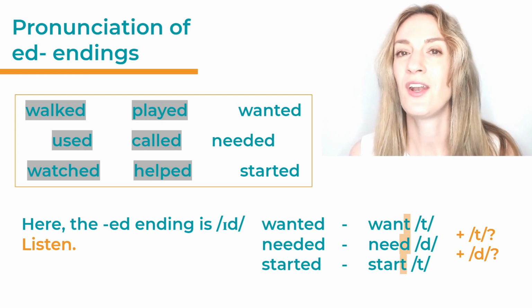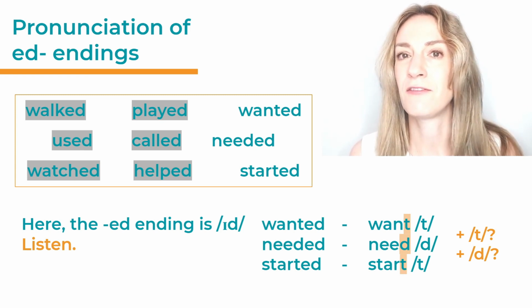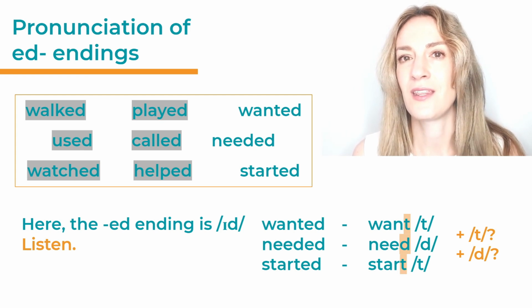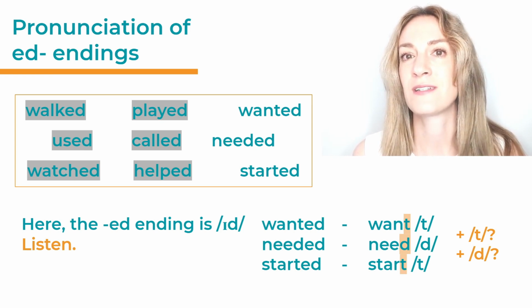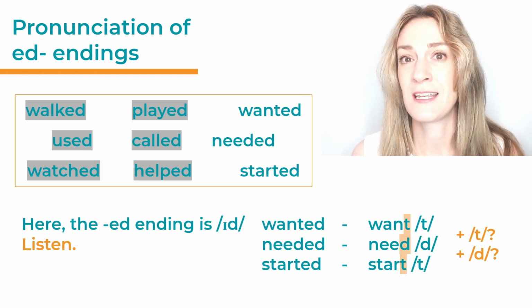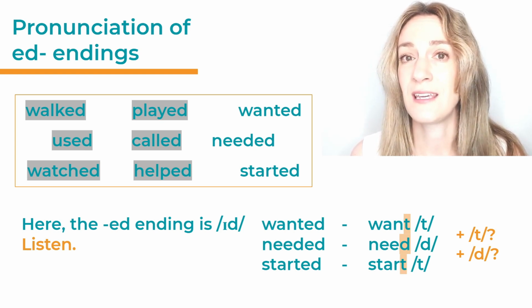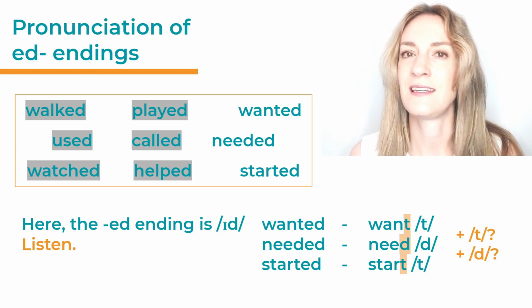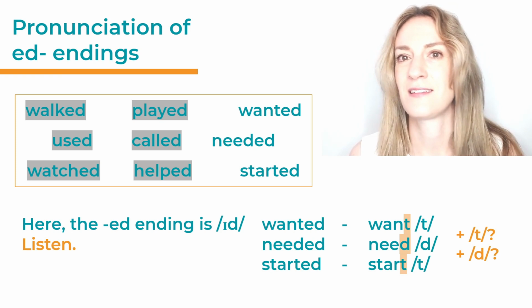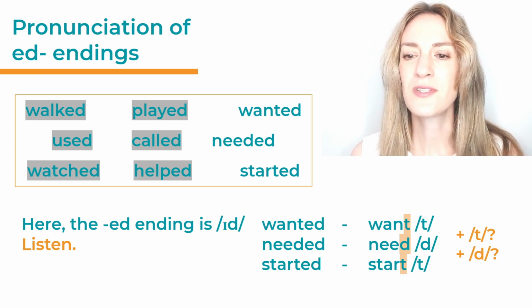There would be no difference between the infinitive form and the past simple, past participle form. And so here we have to add a vowel sound to show the difference. So the letter E is represented through the short vowel sound i, and what we get is wanted, needed, started.